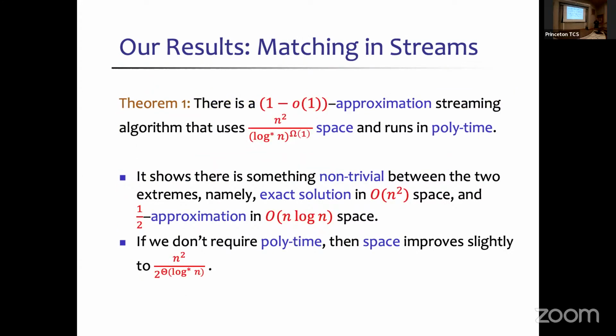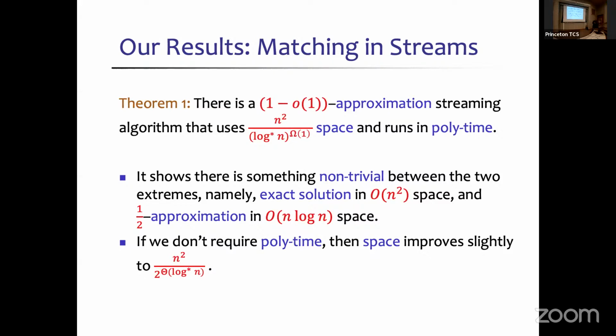Okay, so what are our results? Well, the first result is that we can get a 1 minus small o of 1 approximation to the matching problem in streams using space which is n squared over polylog star n. That's why I called it a very versatile function.